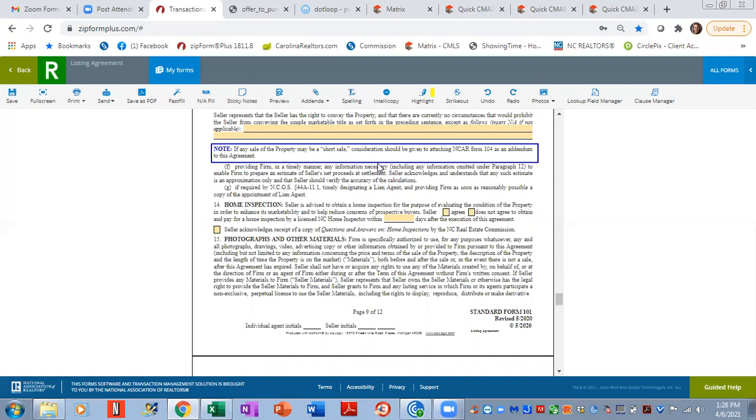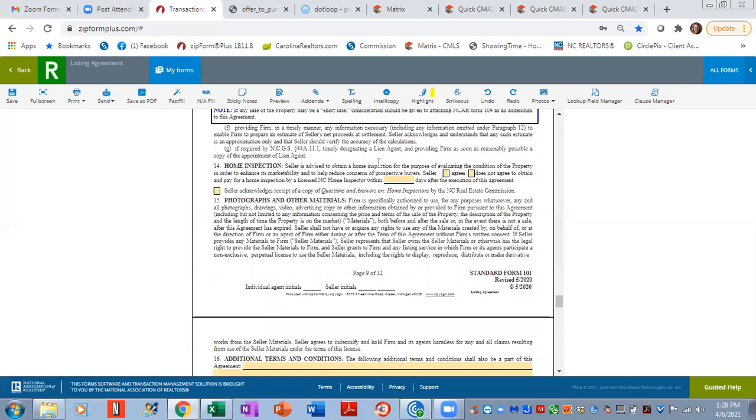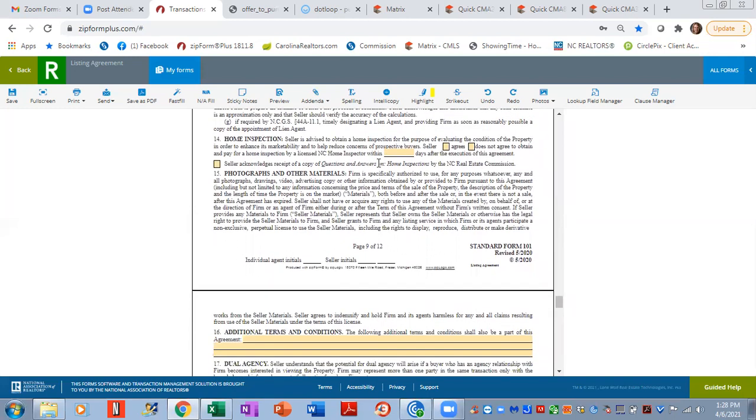Right now, as the seller, we are not paying for a home inspection. If a buyer wanted to have a home inspection, even though they know that there is going to be no negotiating if anything's wrong, how do you separate that out?